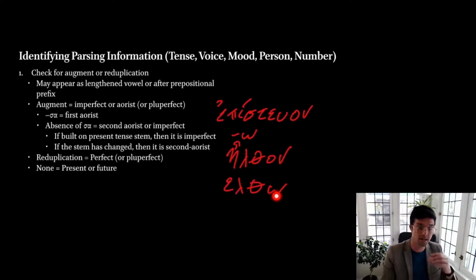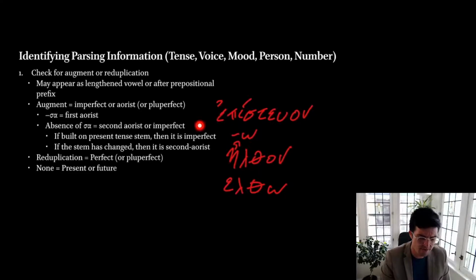And when you look in the dictionary and you don't find it there, you're going to know that you have a second aorist. And what you're going to end up doing, actually, and we'll talk about this in just a second, is going back and looking up this form with the on in it. And then the vocabulary list is going to tell you that this is the second aorist form of erchomai, I go. So this is I went in past time.